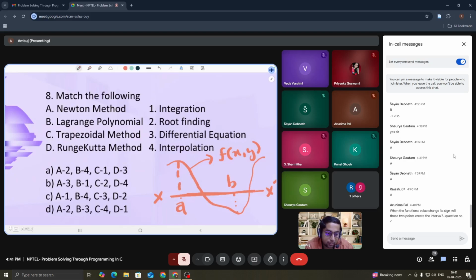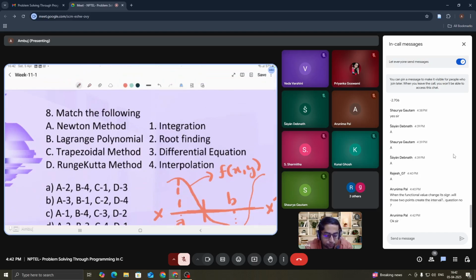So here very easily you can see that there exists at least one root in the closed interval a to b, which is at this particular point, which is c. So whatever you have written, that when the function value changes its sign, those 2 points will create an interval, this is 100% correct. Okay. Very good.